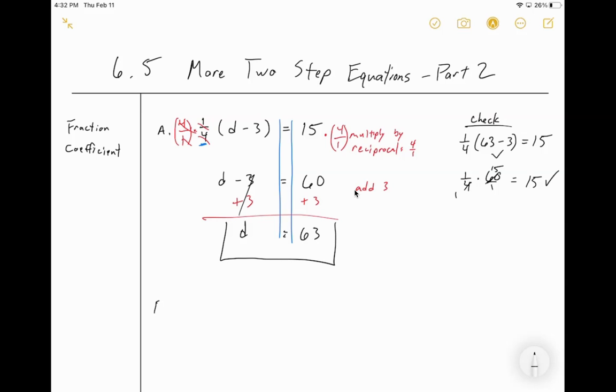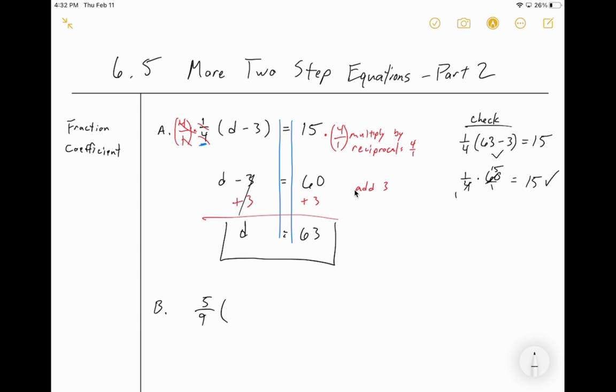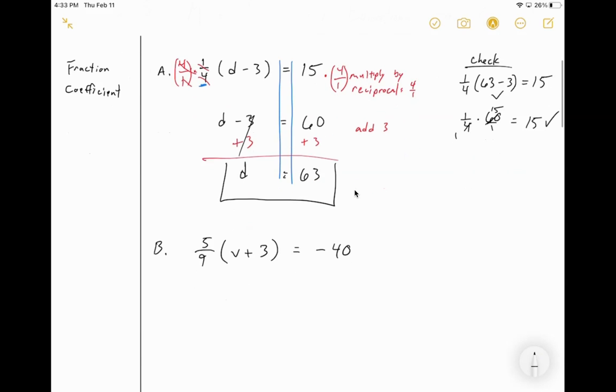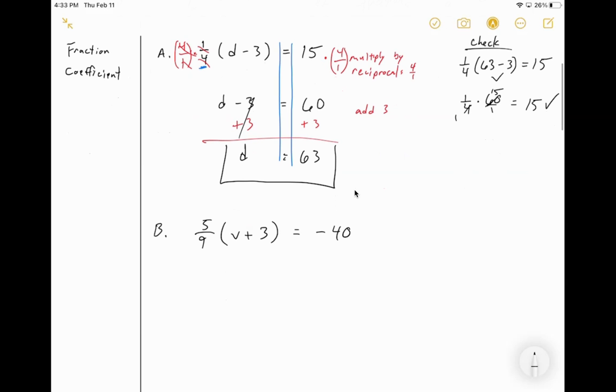Let's do another one. 5/9 (v + 3) = -40. Okay, 5/9 parentheses v plus 3 is equal to a negative 40.